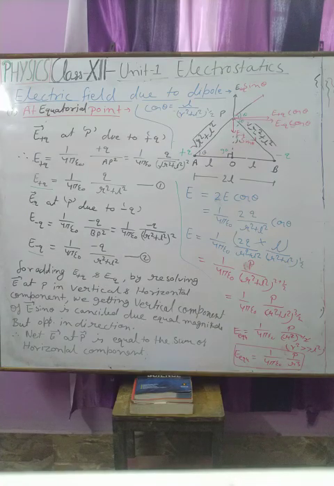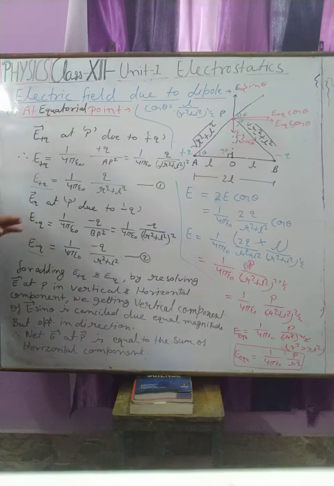We are completing here the three applications of electric field due to dipole. One is torque on dipole, second is potential energy of dipole or work done on dipole to rotate or align it in the electric field or direction of electric field, and the last application is electric field due to dipole at several points.